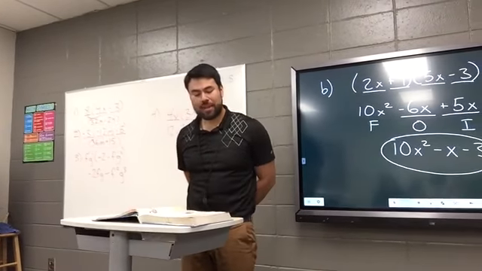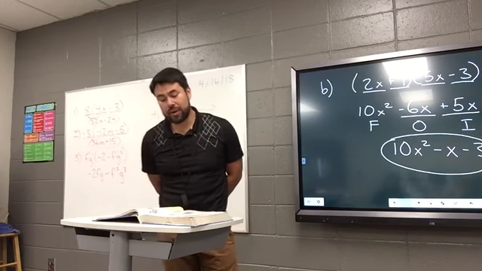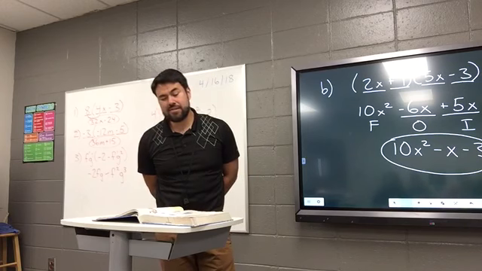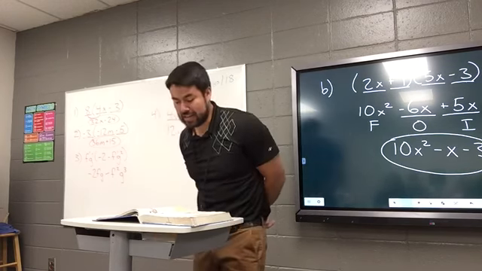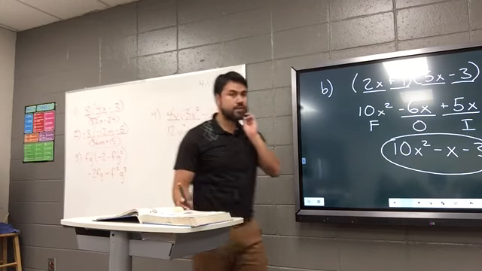Okay. I want you to go to page 730. And to test to see if you know it, I need you to work out number 9. Page 730, number 9.